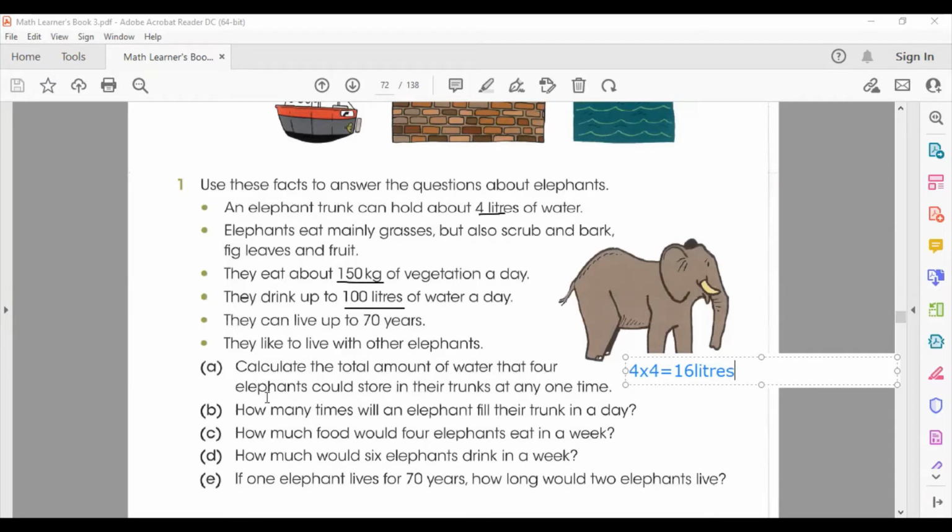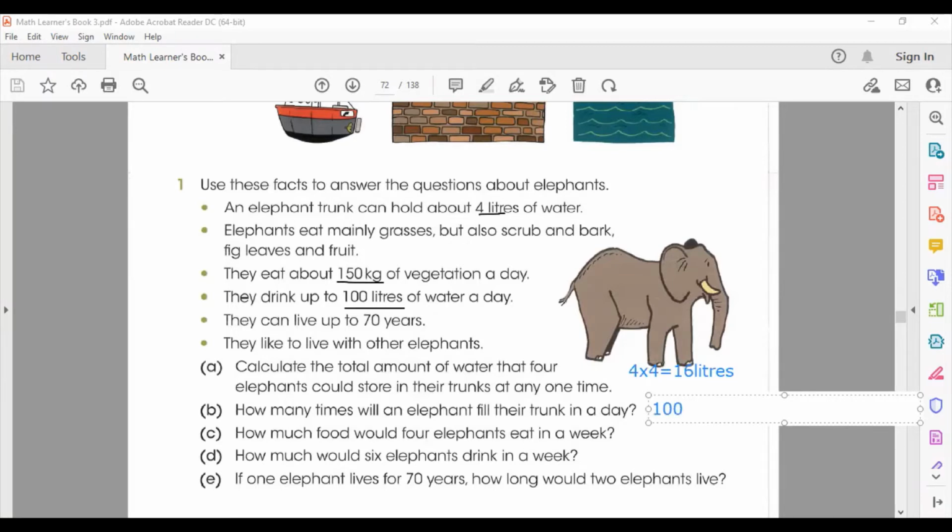How many times will an elephant fill its trunk in a day? You know, in one day, an elephant can drink 100 liters of water. So 100 divided by 4, because in one day an elephant can drink 100 liters of water.